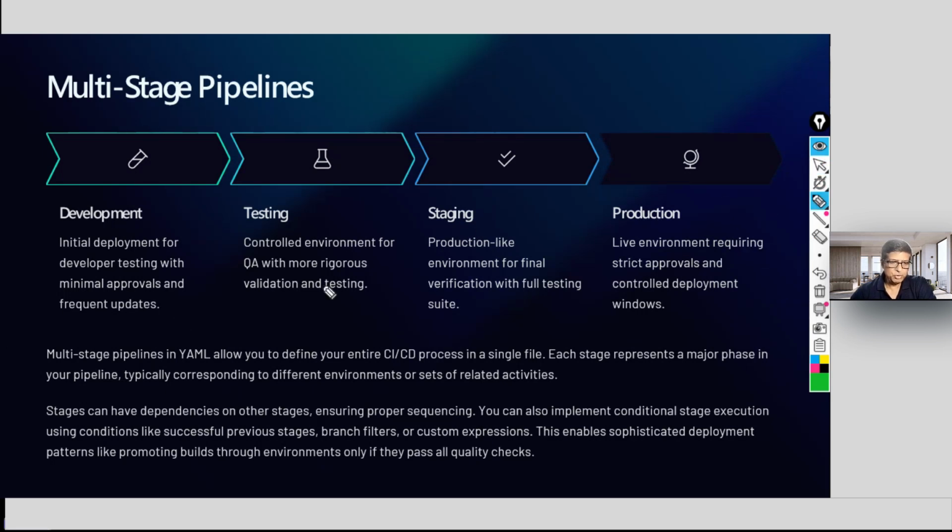You can build dependencies between the stages, and you can also implement conditional stage execution. So you can say that unless and until this condition or exit quality gate is met, I will not go to the next stage. You can have the branch filters, custom expression, so many things. But that all belongs to the release pipeline.